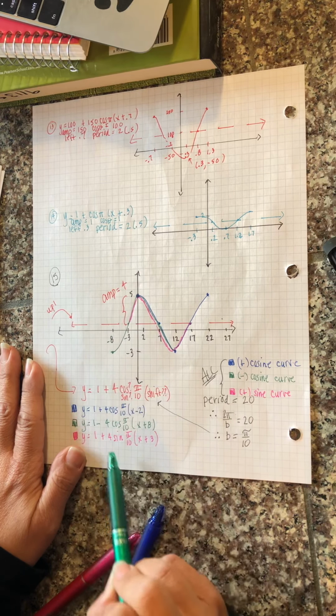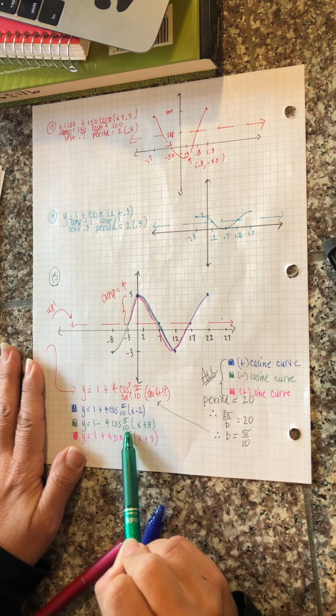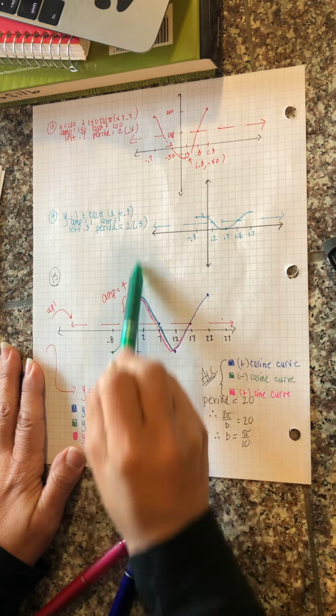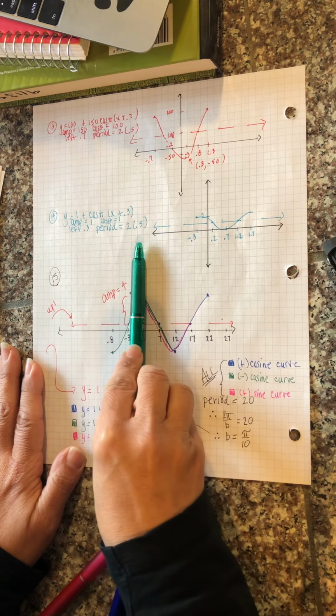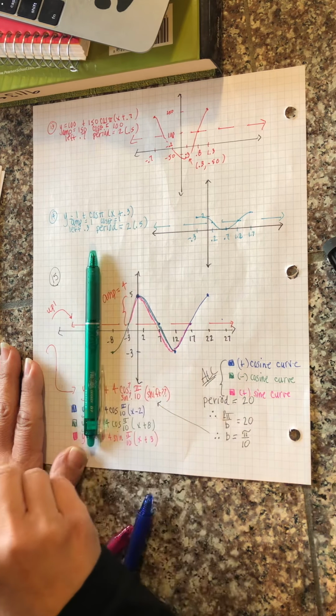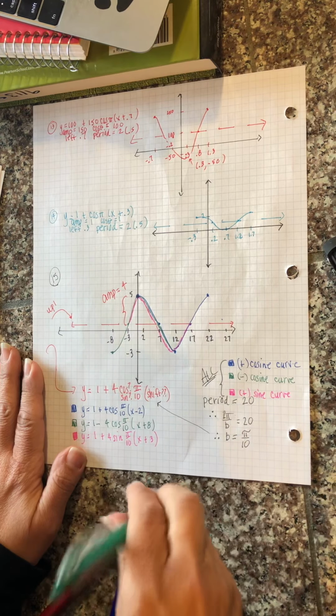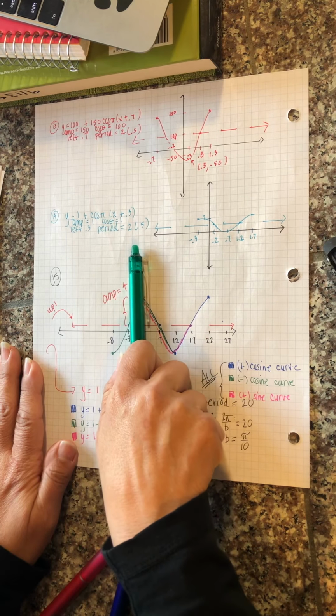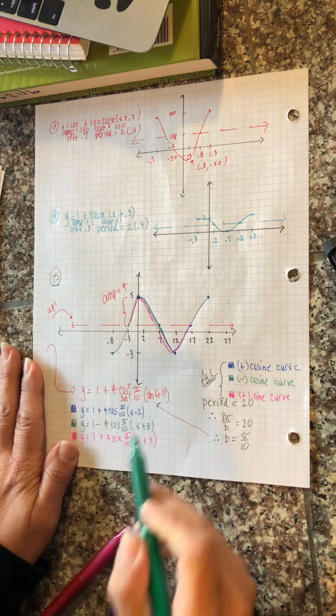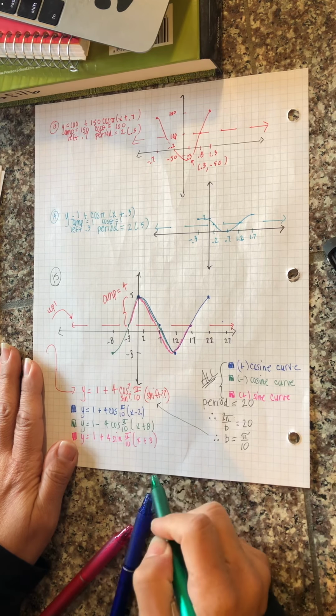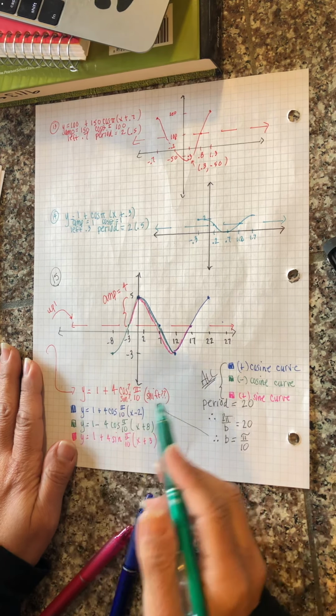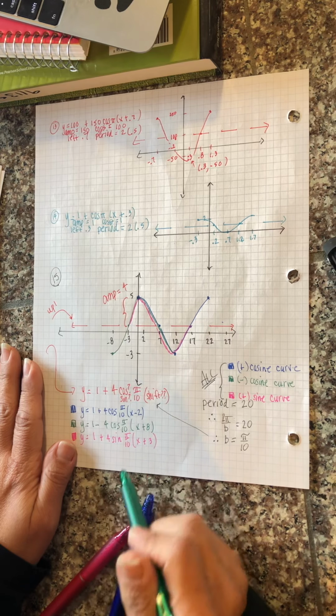Sinusoidal to the low point is 4 for all of them. Pi over 10 is what B is. If you choose a reflected cosine curve, from the y-axis, it has been shifted left 8. Again, from the y-axis, this has been shifted left 8, hence plus 8. Remember, it's the opposite. If it's a shift right, then it's minus. If it's a shift left, then it's plus.